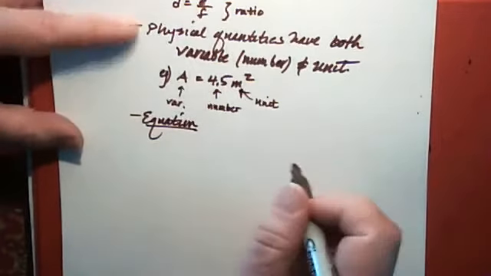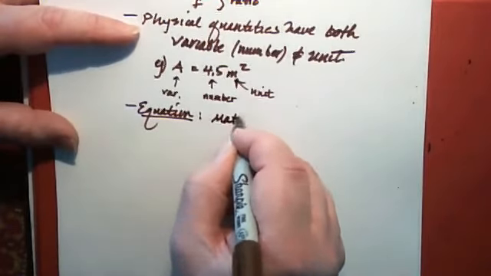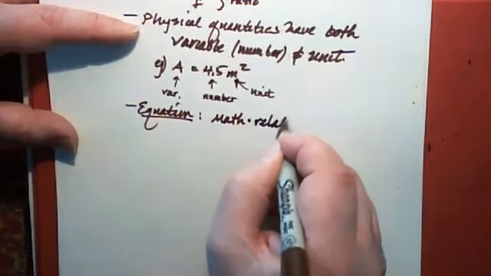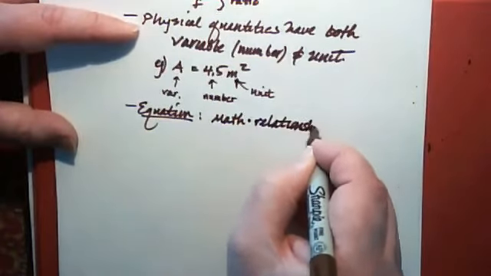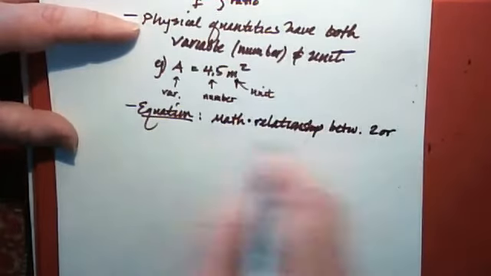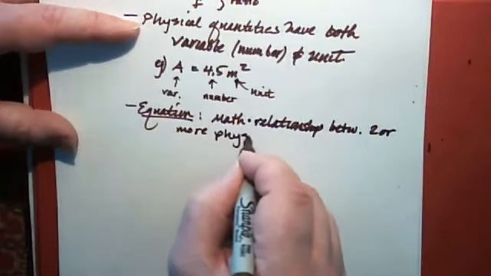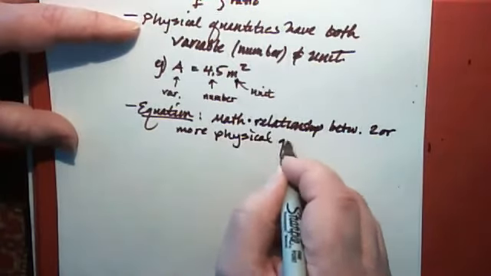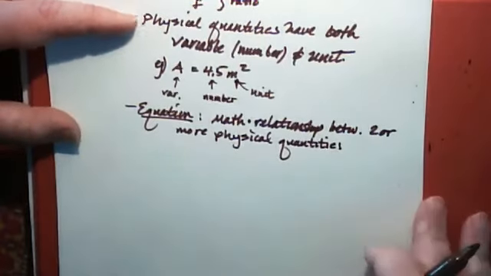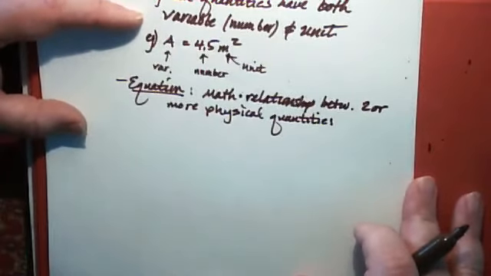Just to make it official, we'll mention what an equation is too. An equation is just a mathematical relationship between two or more physical quantities.